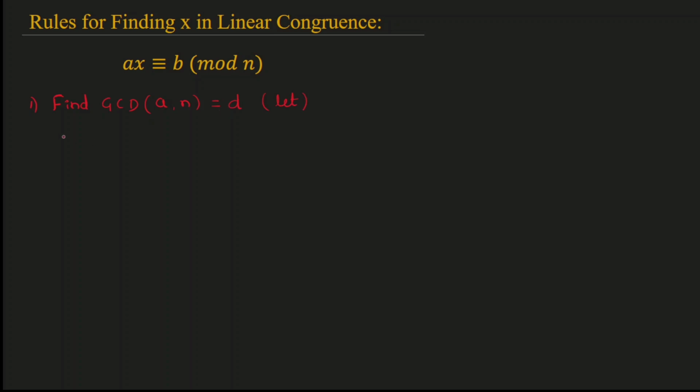Next step, after finding the GCD, we have to check whether D divides B. If this is true, if it is possible, then we say a solution exists.